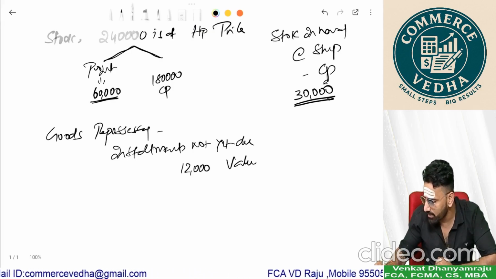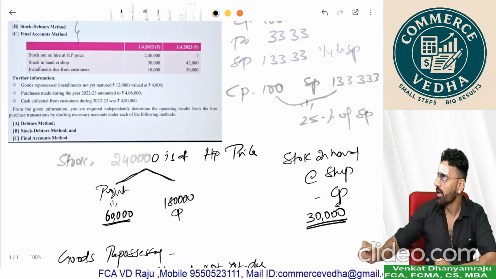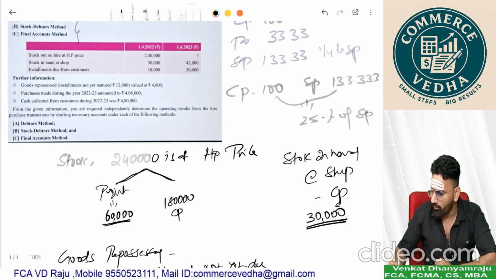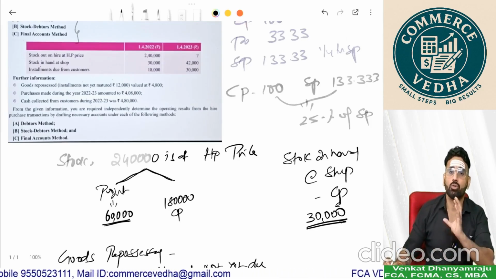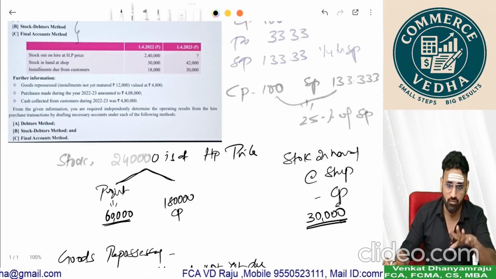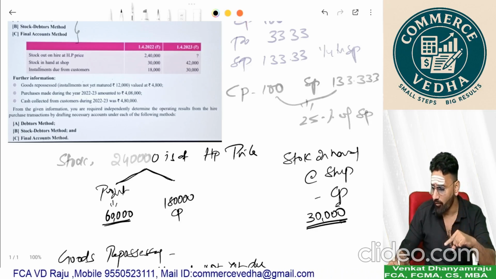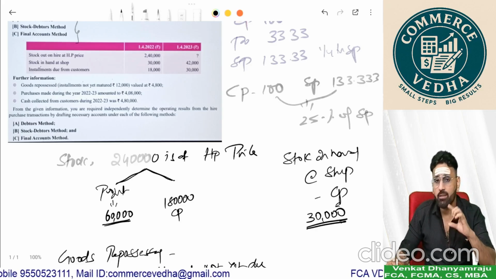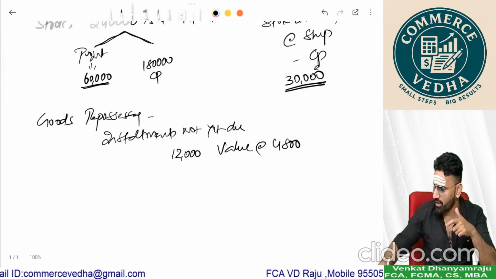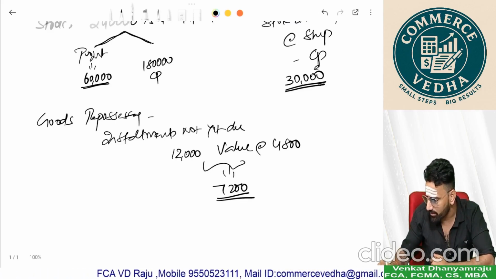Valued at 4,800. The question says it is 12,000 valued at 4,800. It means those goods which are repossessed, the actual value is 12,000 because the installments are not yet due, whereas the actual value is 4,800. So there is a loss. The loss here is 7,200.